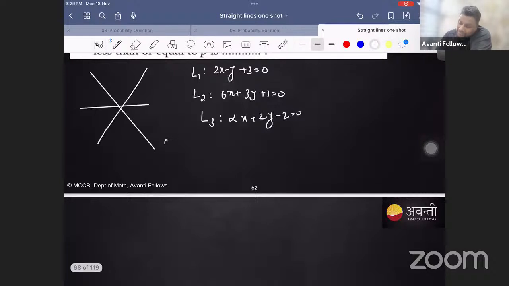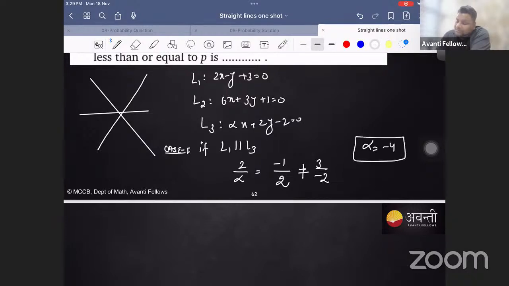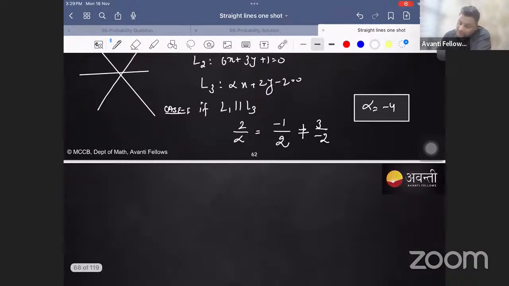Now case one, if L1 is parallel to L3, that means 2 upon alpha equals minus 1 upon 2, and that should not be equal to 3 by minus 2. So alpha comes minus 4, correct? Now, case 2.